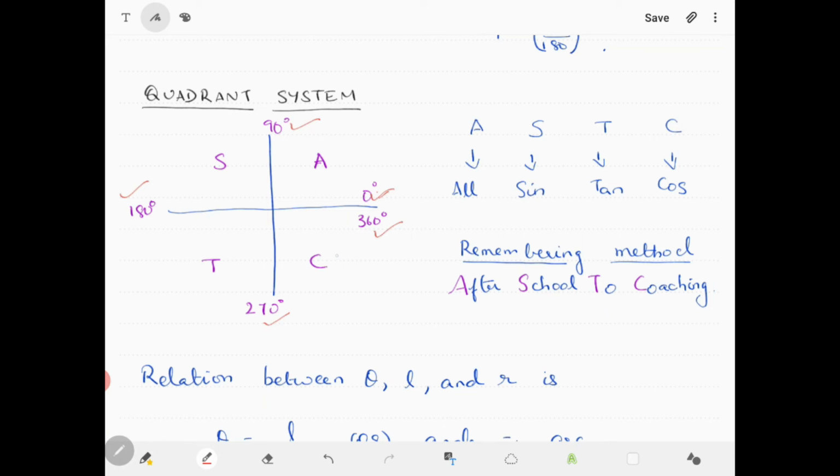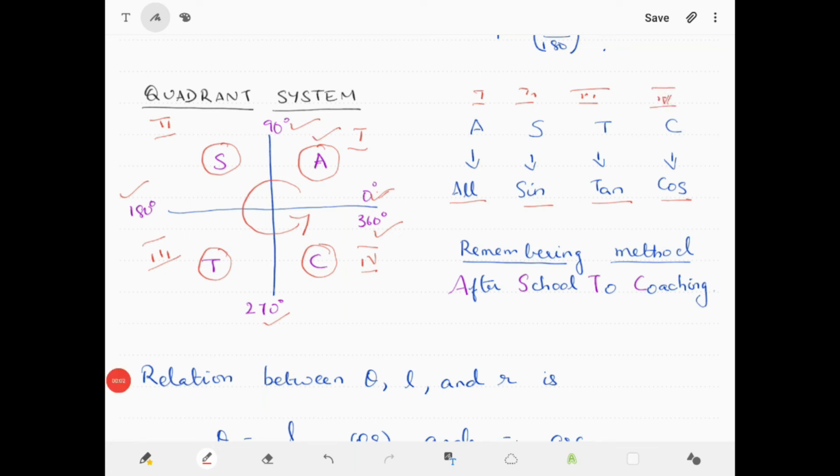So of these 4 quadrants, the first quadrant will be A, all, sine, tan, cos. Always the quadrants go in the anti-clockwise direction, starting with this is the first quadrant, this is the second quadrant, this is the third quadrant, this is the fourth quadrant. So first quadrant is all, then sine, tan, and cos.